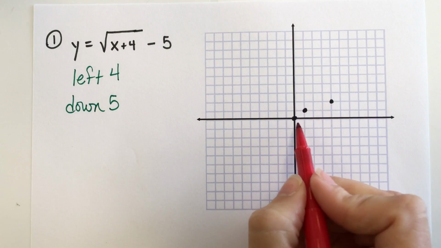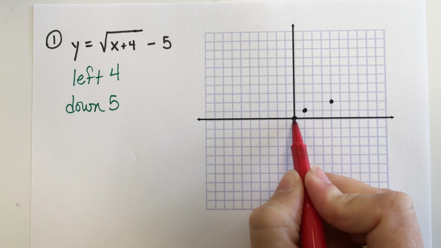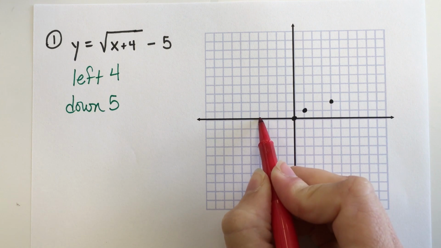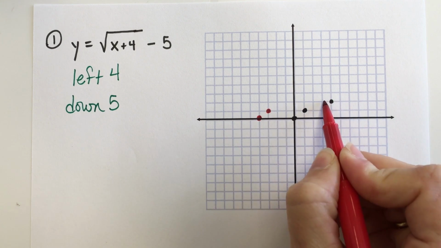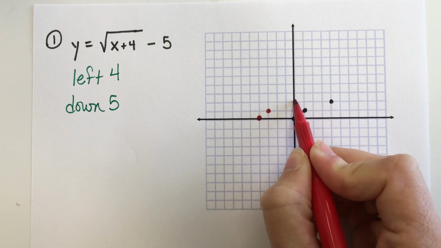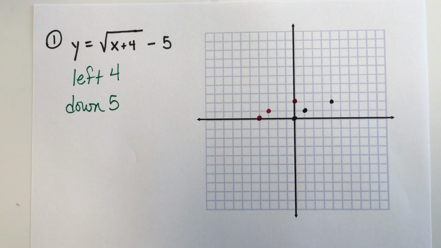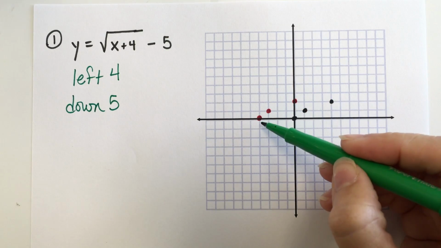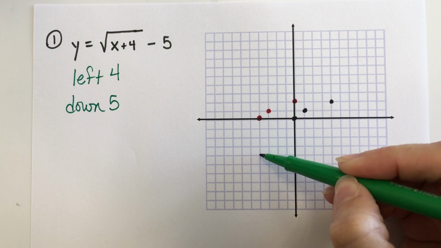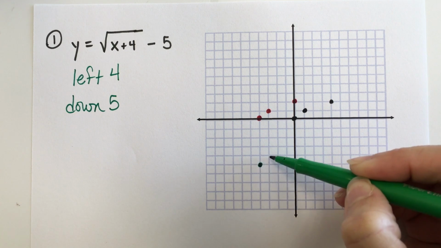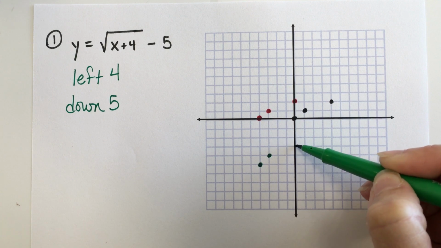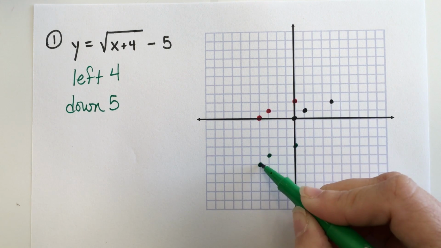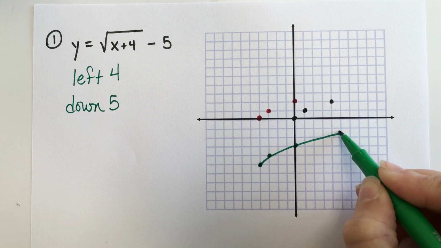So just take each point and shift each one over left 4. And then now down 5. So you just count each point down 5. So this would actually be your final graph.